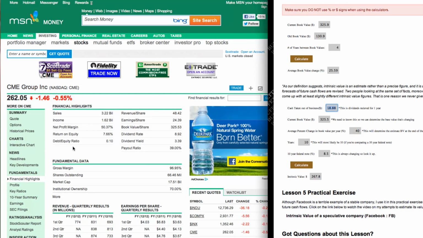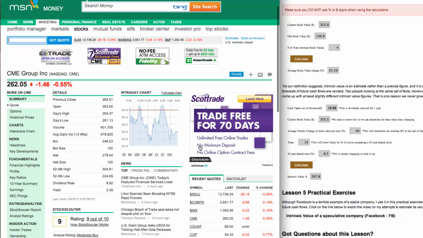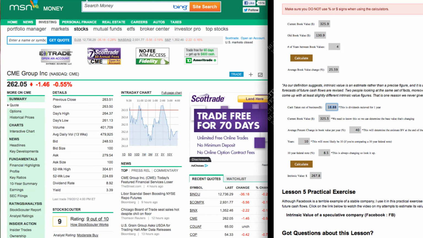And let's put the real dividend in that the company has, which was $8.92. Okay, and the current book is that, and we'll put the 10-year federal note at 1.5.